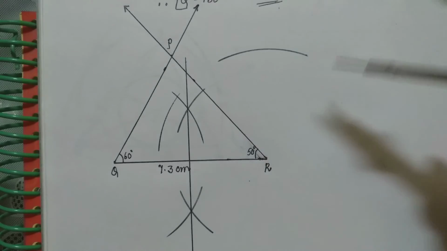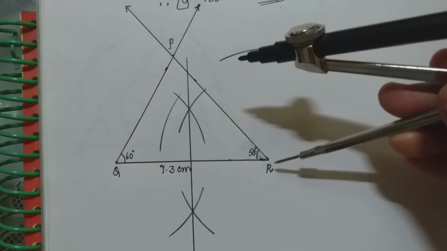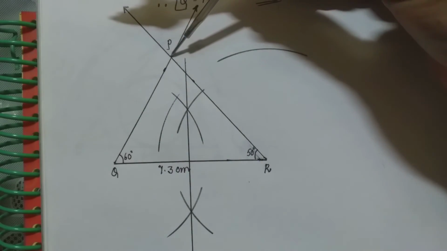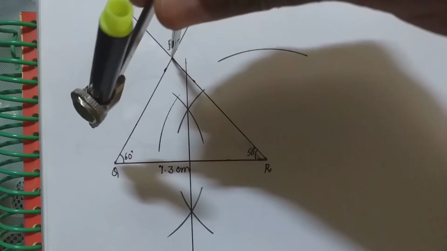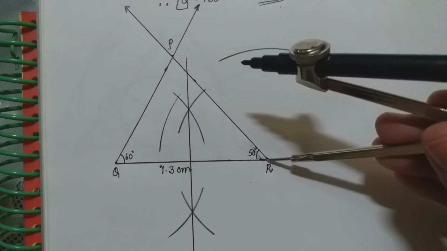Okay. Now same way we have drawn from R. So now from P we have to cut these arcs.